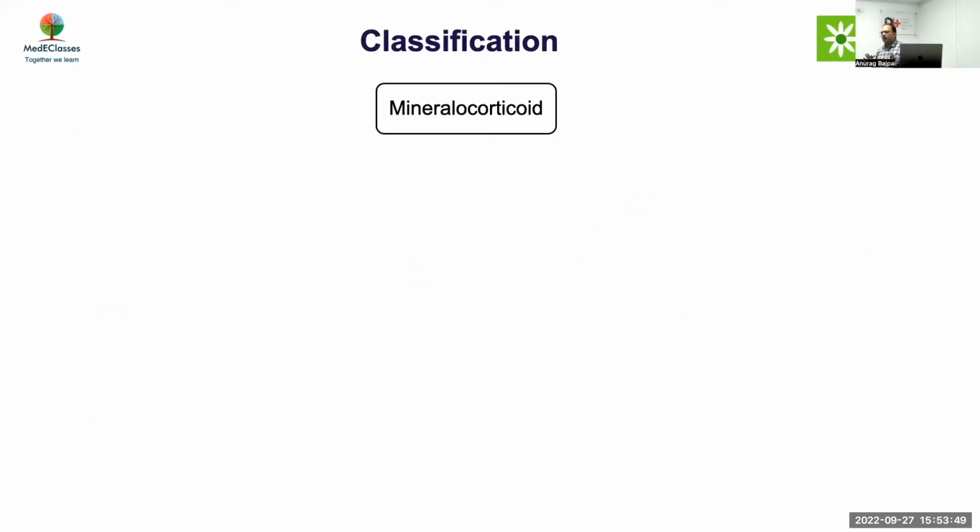Now, based upon what I've talked about, I've only focused on two things, mineralocorticoid and androgen levels. Based upon that, you can classify clinically which form of CAH you are looking at. So if your mineralocorticoid is deficient and androgen is also deficient, what are you looking at, Naveen?